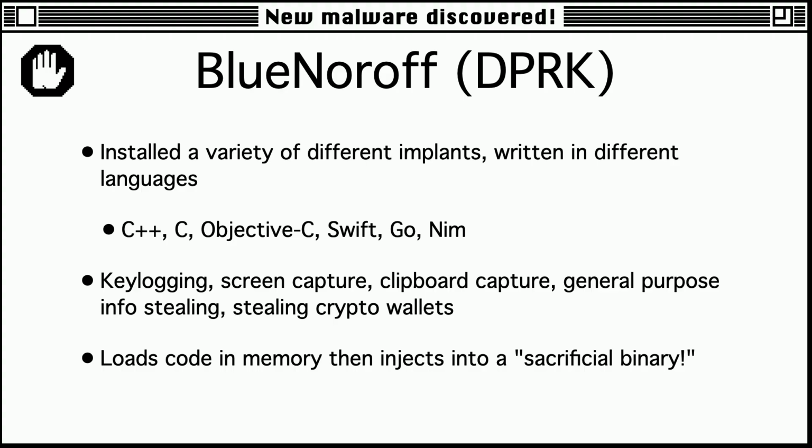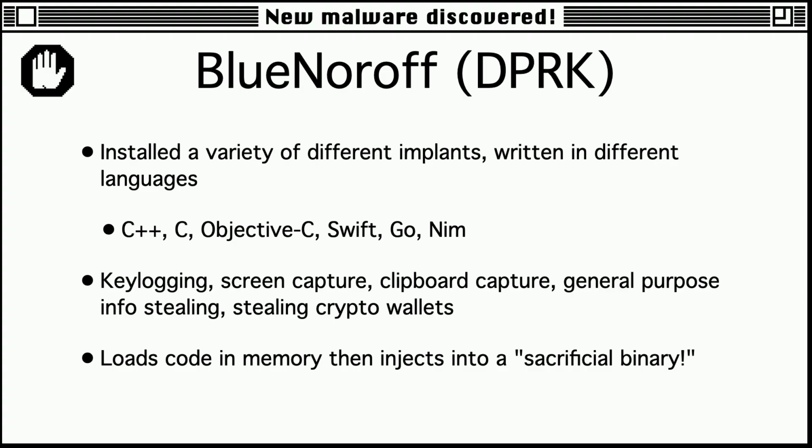One really interesting thing that it did is, you really can't do process injection on macOS anymore, not really, but they did. What they did is they had a binary of their own. It was signed by them, so that meant that they could inject into it.